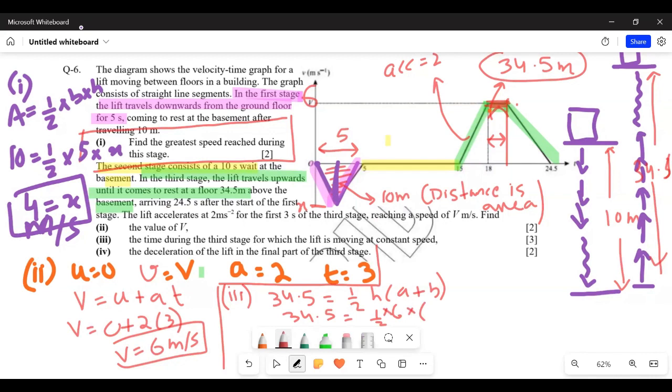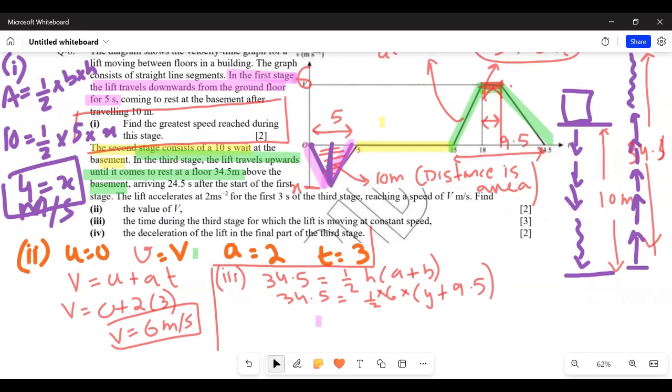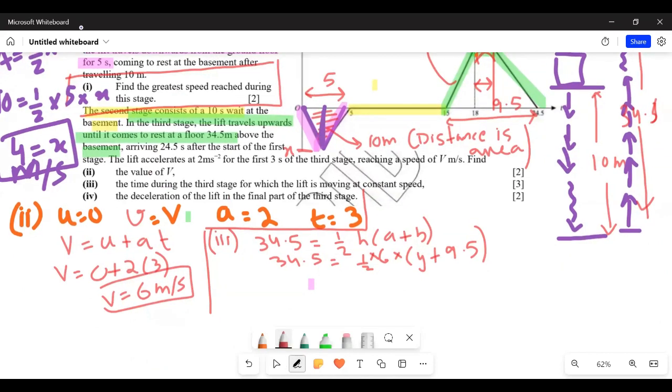One of the parallel sides is, let's call it X, in fact, we've used X before, let's call it Y, plus the other parallel side is the distance from 15 to 24.5. So that's 9.5. This distance is 9.5. So plus 9.5. Move it around, cross multiply and all, and find the value of y.